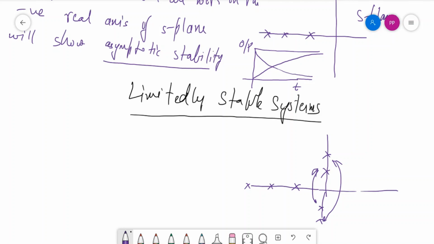If this kind of roots are there, then the system will be limitedly stable, because if we want to see the time response, suppose I am giving a step input to the system, the response could be like this.